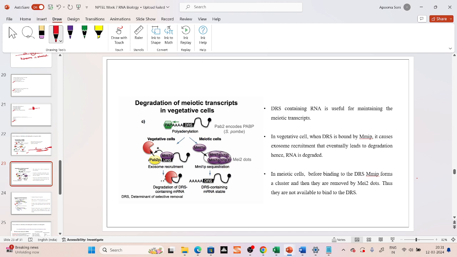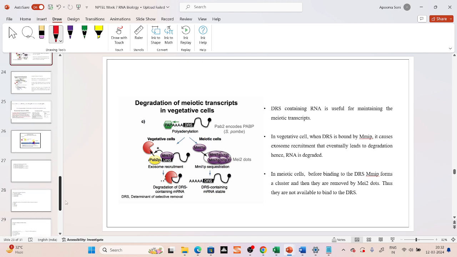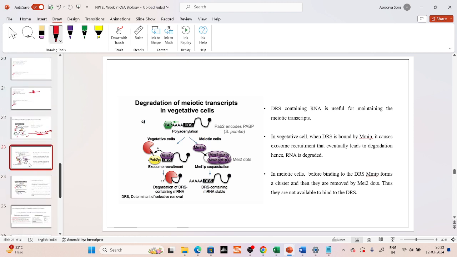So mitotic division occurs in mitotic cells, which are also known as vegetative cells, and meiotic divisions occur in meiotic cells. Now the transcripts, just like we have studied, there is a differential expression of genes that happens. Okay, so differential expression of genes means that genes are expressed in a cell specific manner.